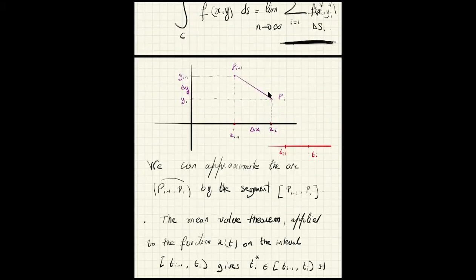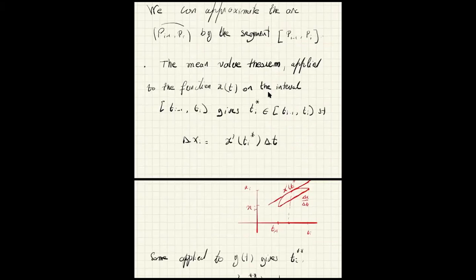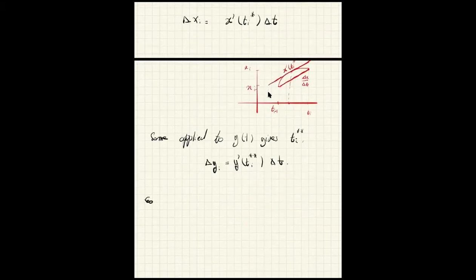Okay, so we actually have an estimate for delta x and delta y, and so if you have an estimate for this and an estimate for this, then you can have an estimate for this using the old friend Pythagoras.